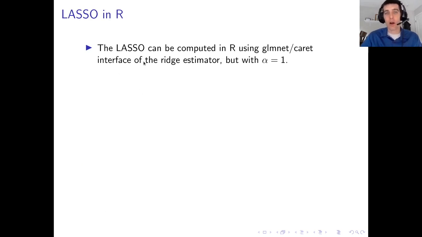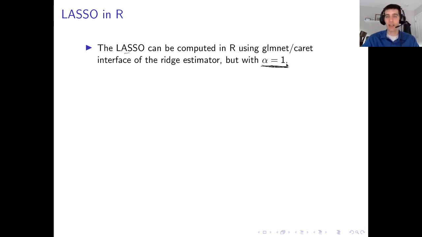Okay, so in R, we compute the lasso using glmnet or the caret interface to glmnet. This is exactly the interface we've used with the ridge estimator, but here we set alpha equal to 1. Remember, alpha was another penalty parameter, which I said we would talk about later when we introduced ridge regression.